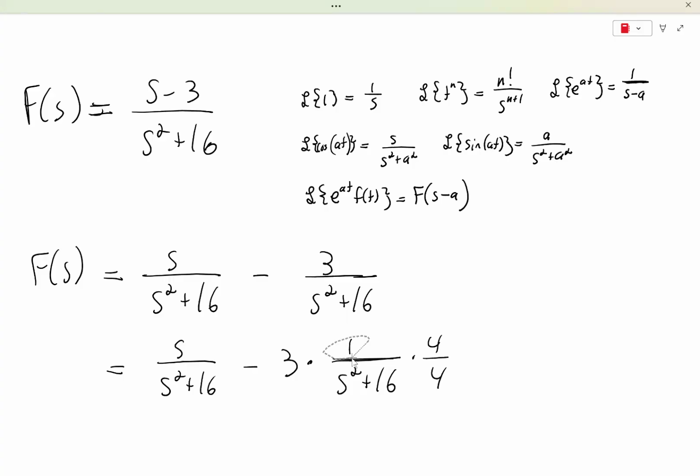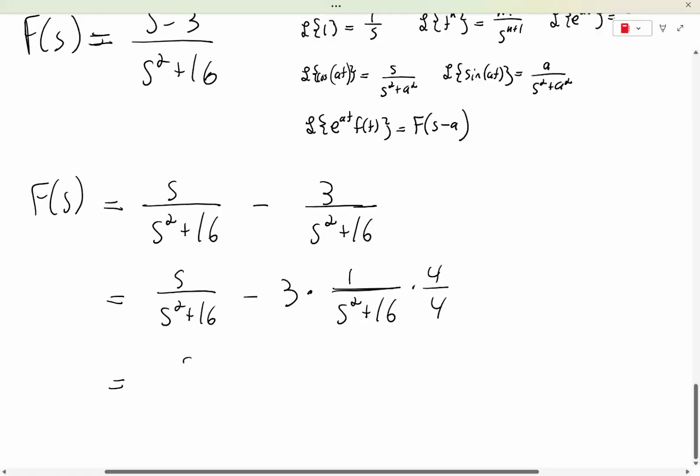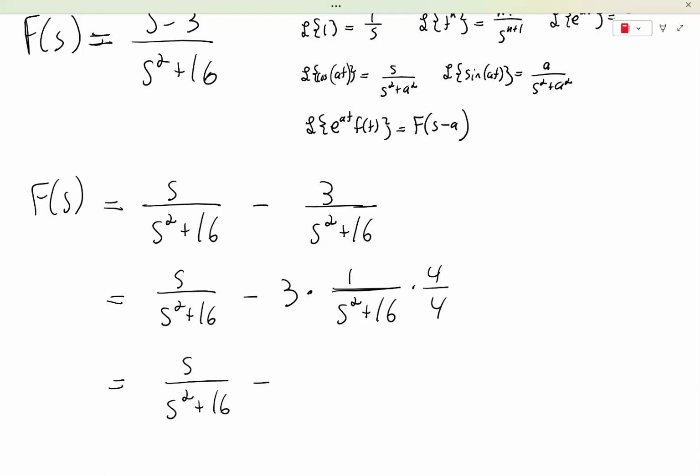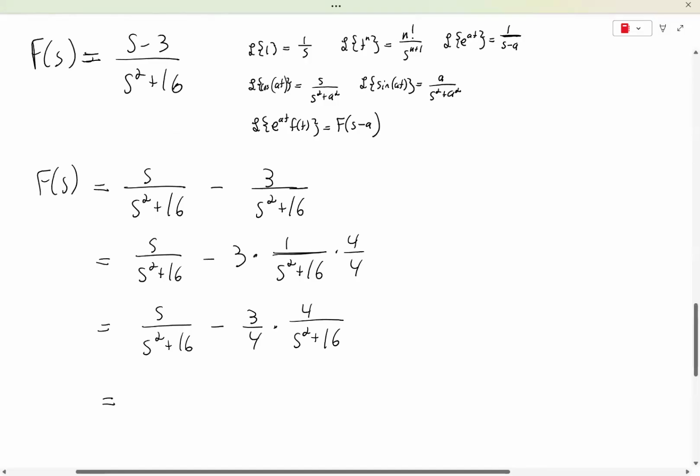So if we rearrange that, this is S over S squared plus 16 minus 3/4 times 4 over S squared plus 16. Now it's pretty much ready to go.